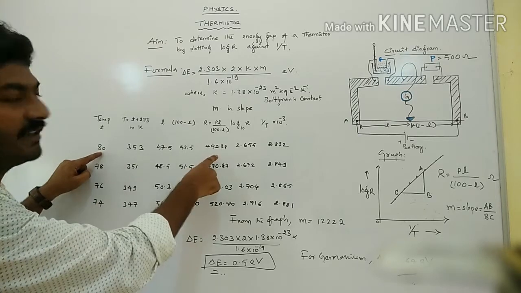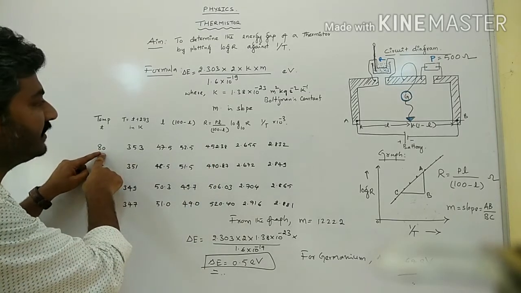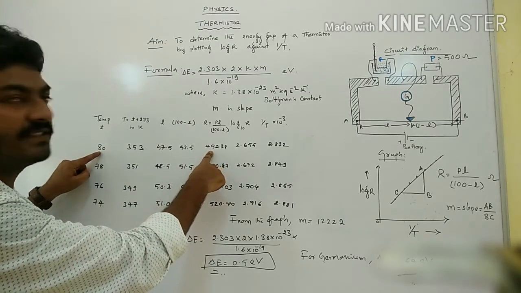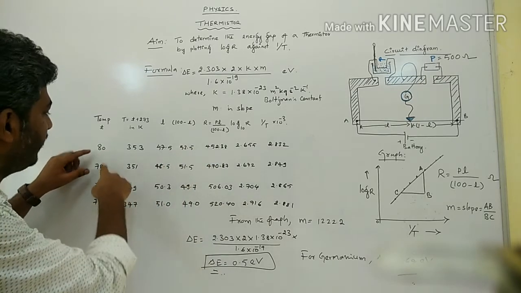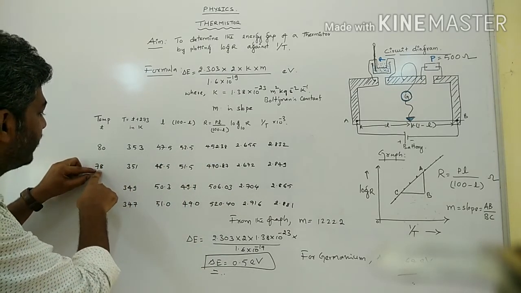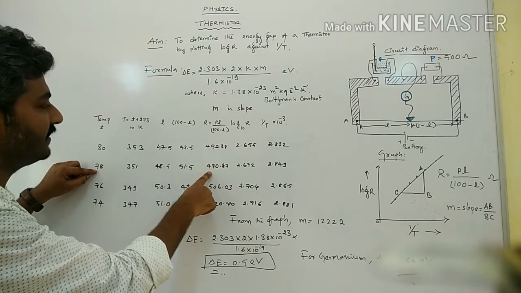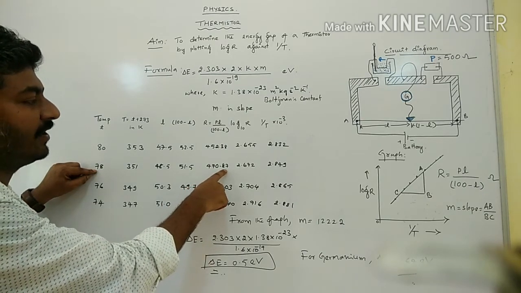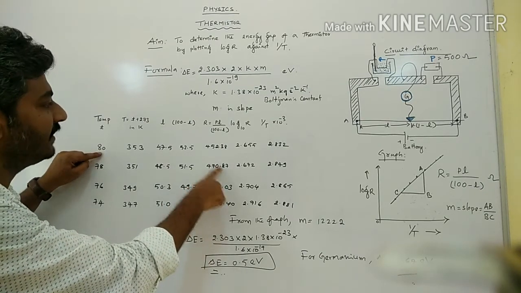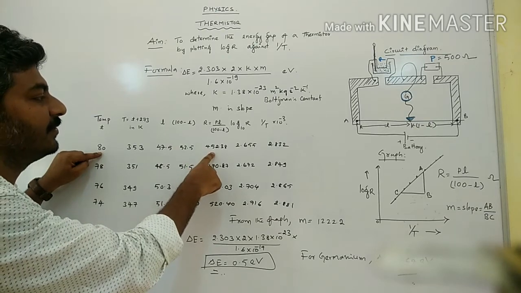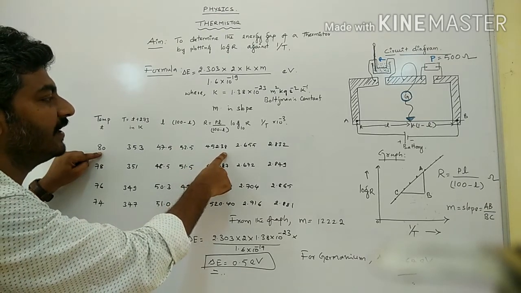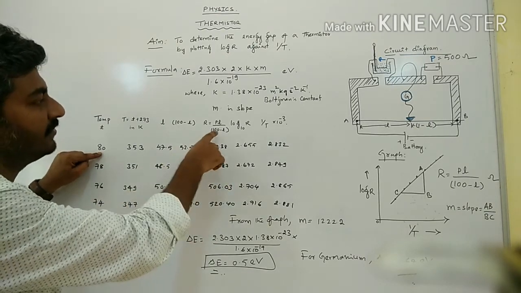We can see that when temperature is high, resistance is low. I can take two values here. For 17 degrees Celsius, resistance is 470.87 ohm. For 80 degrees Celsius, the resistance is 452.38 ohm.